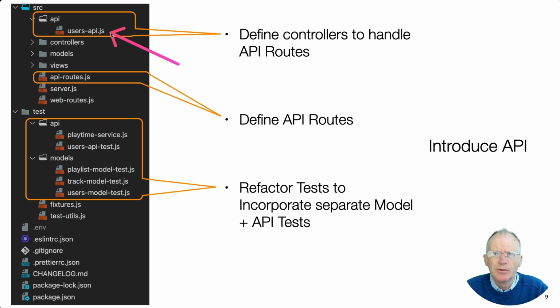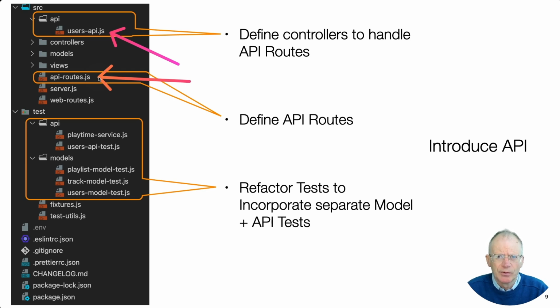So we're going to bring in a user API.js. We're also going to bring in a separate routes file just servicing the API. That's all we need in the source of the application.